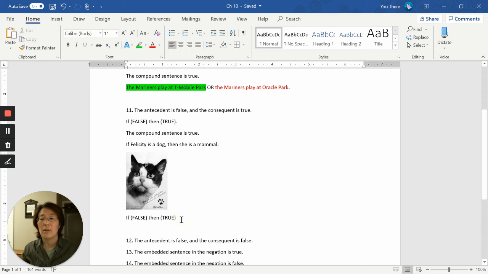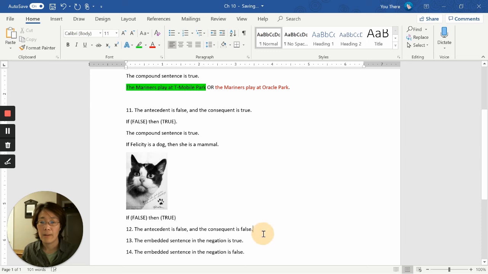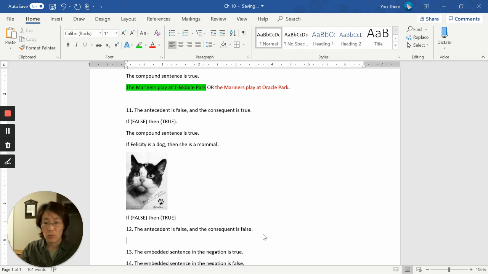Right? The thing to remember with the logical conditional is that it is a material conditional. If it doesn't really make sense to you, just memorize the definition. But it does, in a way, if you think about examples like this, the logical definition does actually make sense, does track what we want a conditional to do. All right, now let's take a look at number 12.